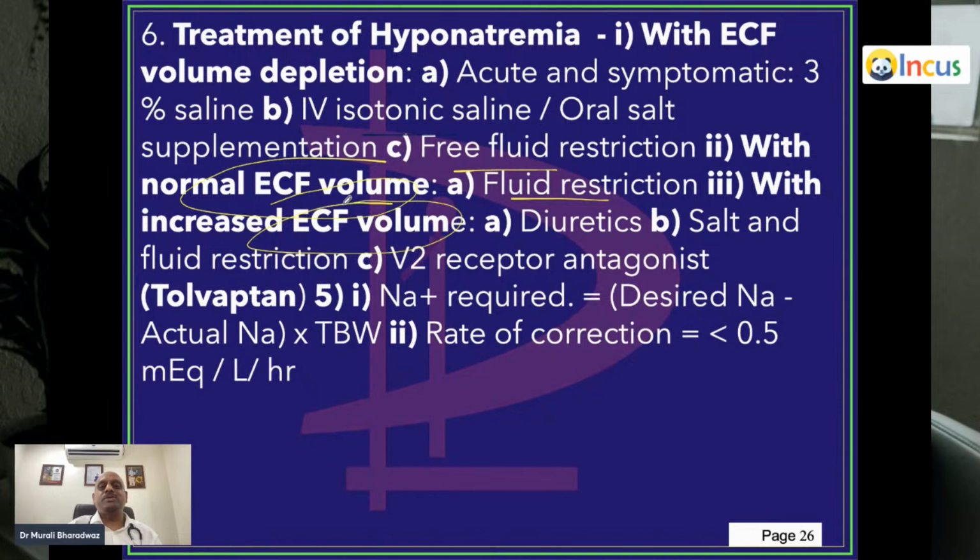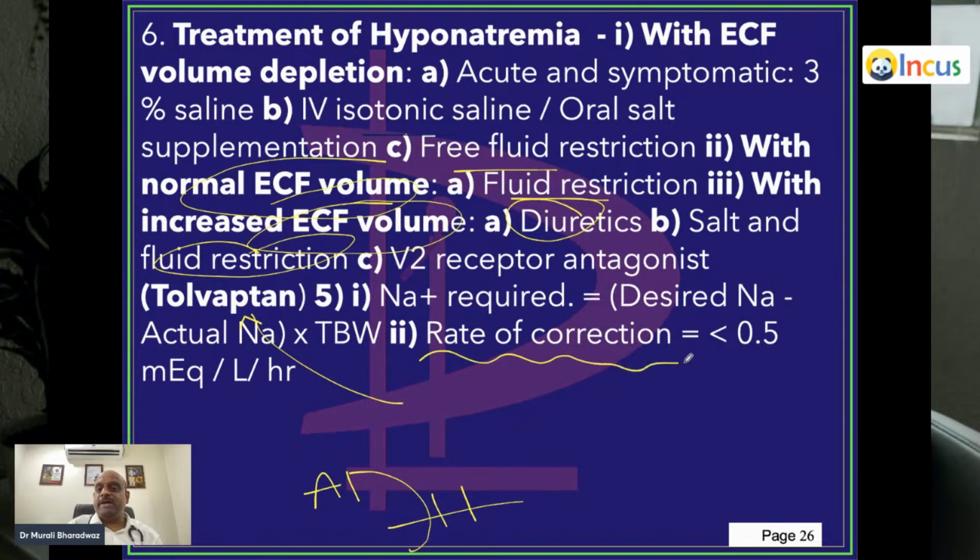If increased ECF volume is there, like in edematous conditions, give diuretics, salt and fluid restriction. Also give tolvaptan, which is an ADH antagonist. And what is the rate of correction of hyponatremia? Less than 0.5 milliequivalents per liter per hour.